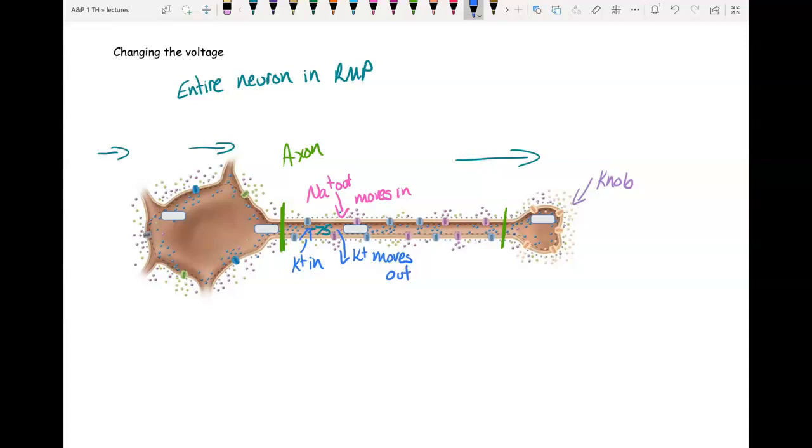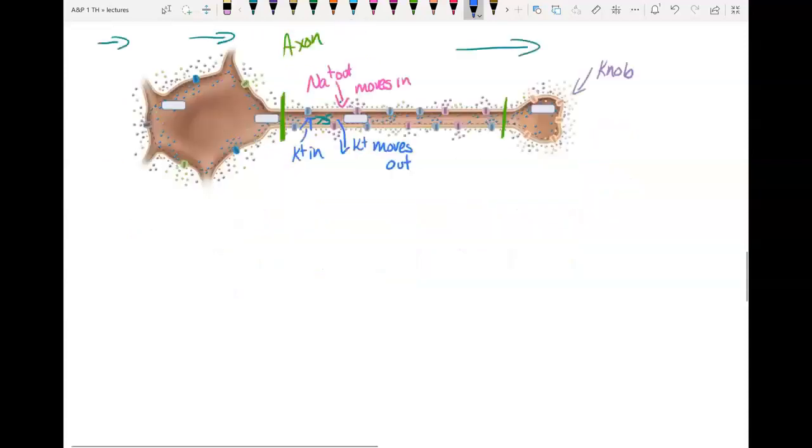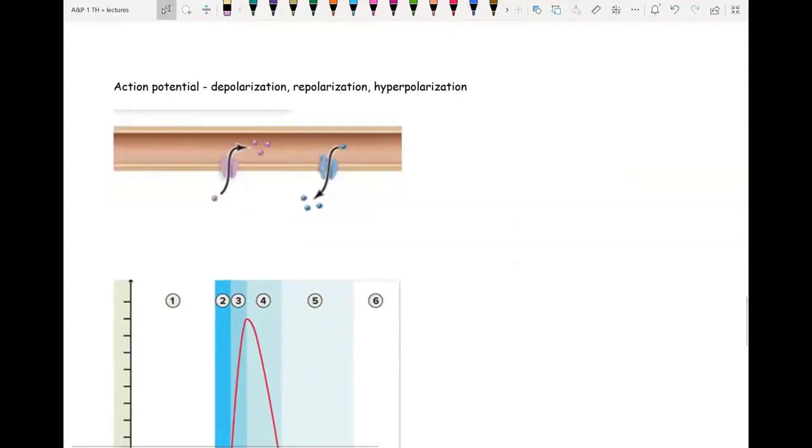And that's what makes the electric signal. This picture is just showing again, sodium goes in and potassium goes out. And when sodium goes in, then potassium goes out, you have a signal.